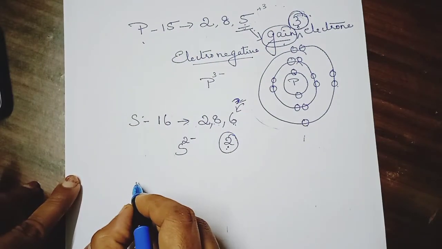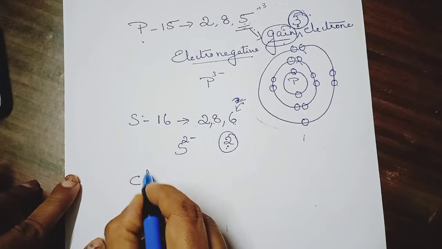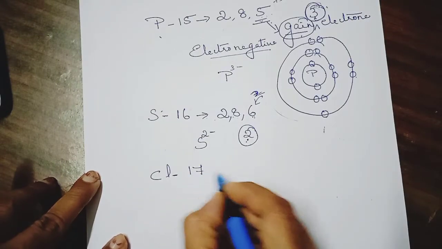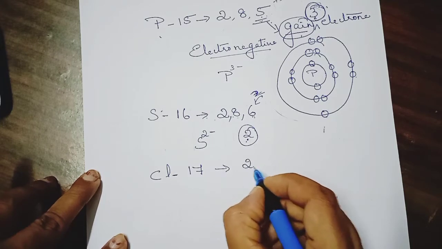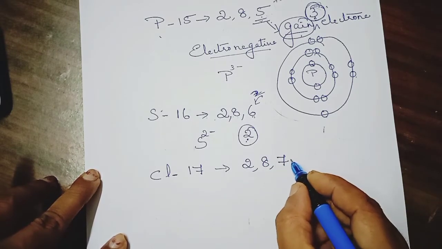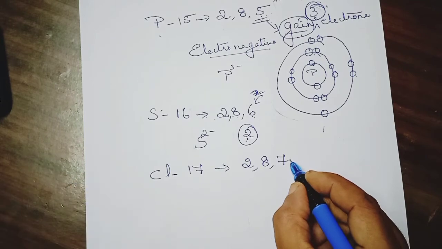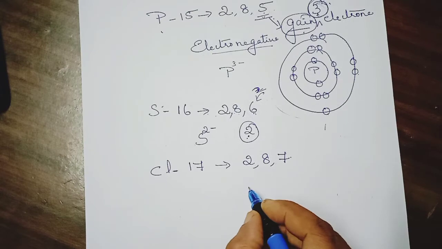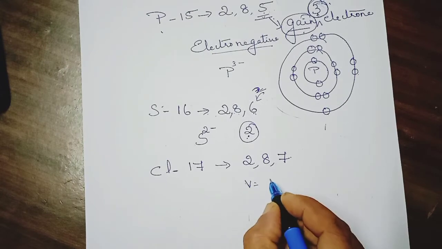Now when it comes to chlorine, chlorine has atomic number 17. The configuration is 2, 8 and 7. Now how many more electrons does it need to attain octet or get 8 electrons? That is 1, right? So the valency is 1.